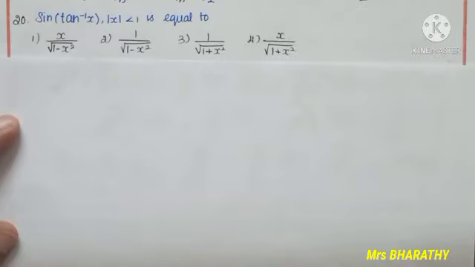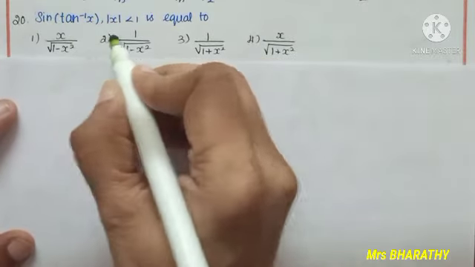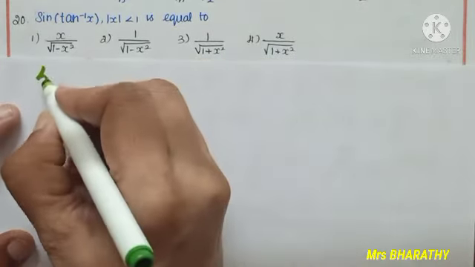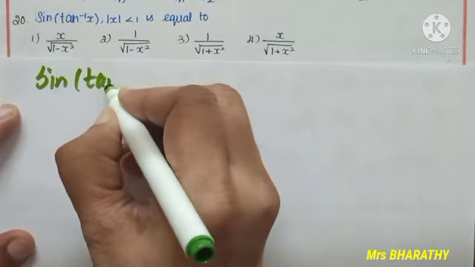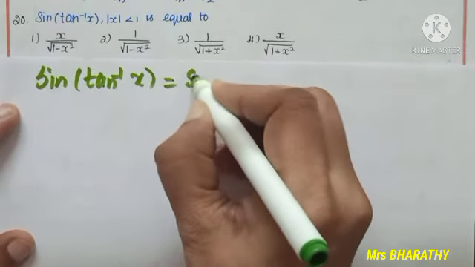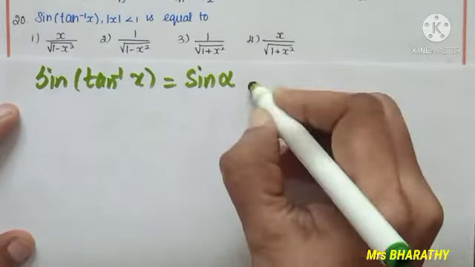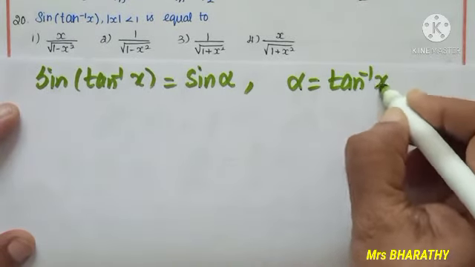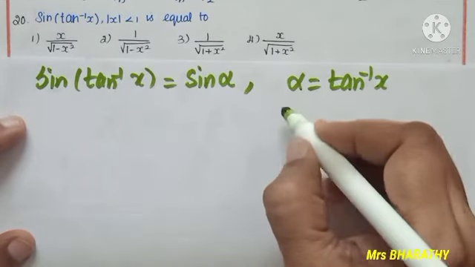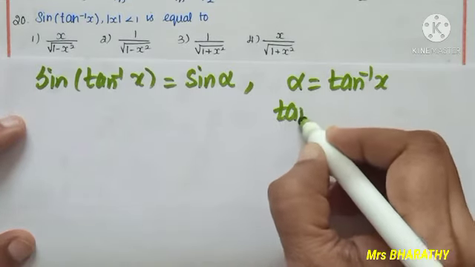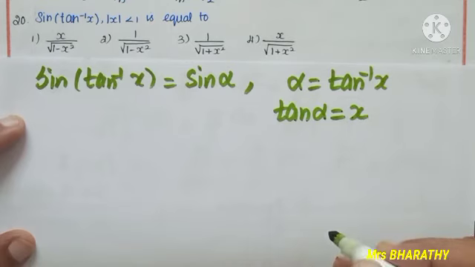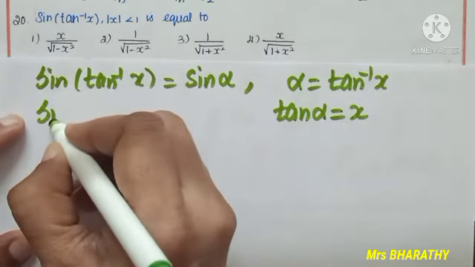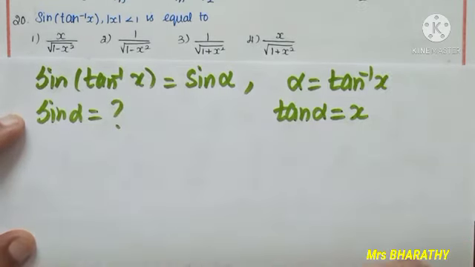Question number 20. Sine of tan inverse x. We need to find sine of tan inverse x. Call the tan inverse x as some alpha. So what is alpha? That is tan inverse x. Bringing tan inverse to the left, we get tan alpha is x. My question is, sine alpha is what?